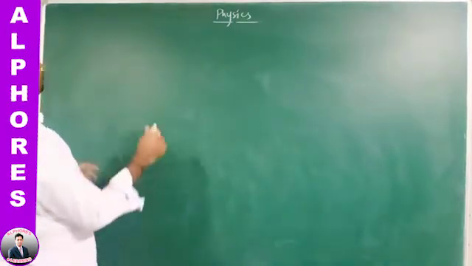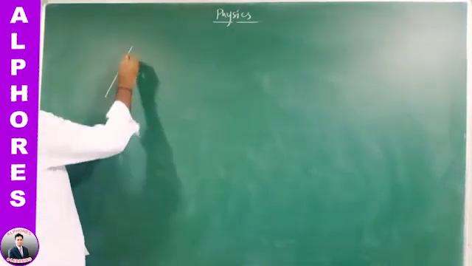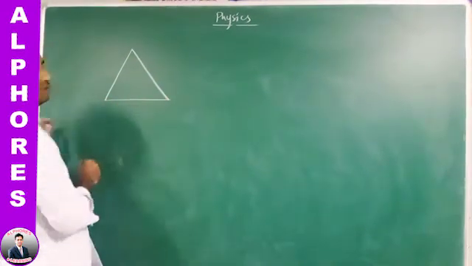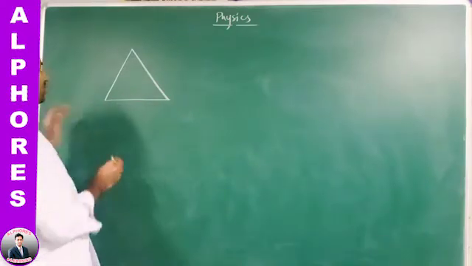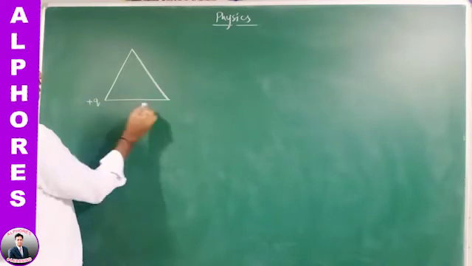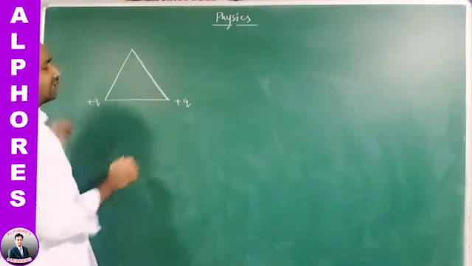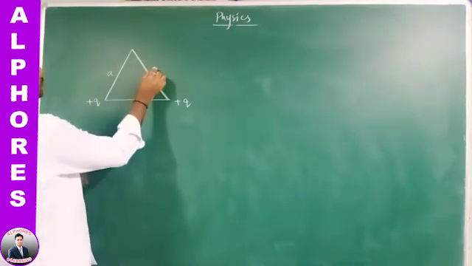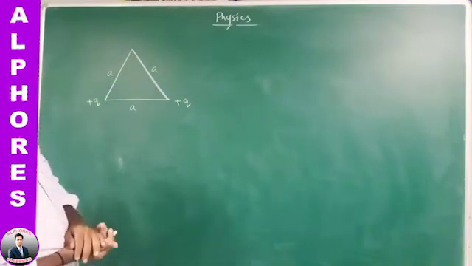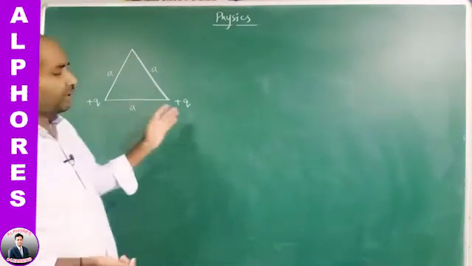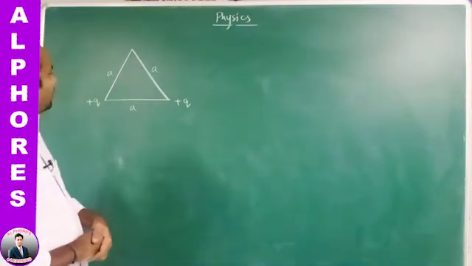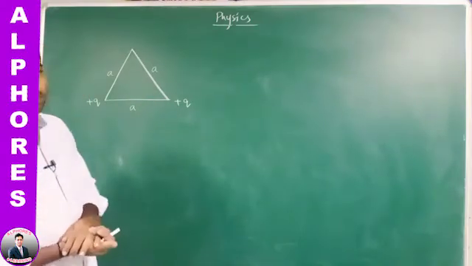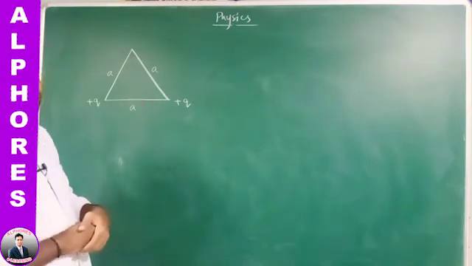Now suppose the question is asked like this: two like charges of magnitude plus q, positive charges, are kept at the corners of an equilateral triangle of side A. Now what is the net potential at the vacant corner?